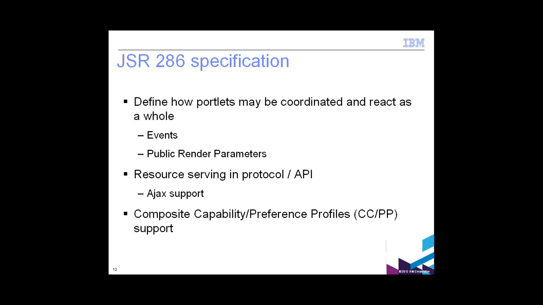Now the problem before JSR 286 was that portlets did integrate and communicate with each other, but this communication was not specified as part of the specs, which meant that almost all the portals did it in a proprietary manner. Let's say I wrote a JSR 168 portlet that was doing eventing, and I created those portlets for IBM WebSphere Portal.